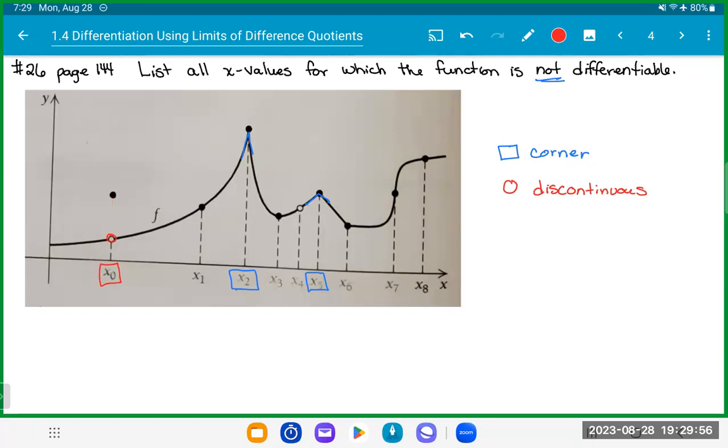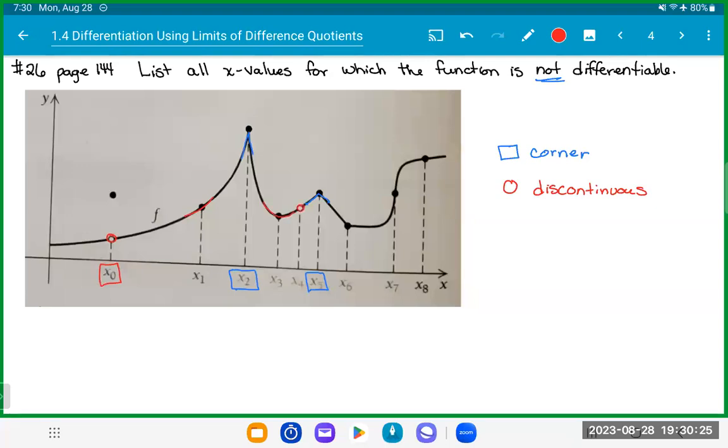So it's not differentiable. Here, this is smooth through that point, so this one's going to be differentiable, right? When we come to this graph over here, 3, it changes direction, but it changes direction in a nice, smooth manner. You're not going in one direction and then changing to the next.